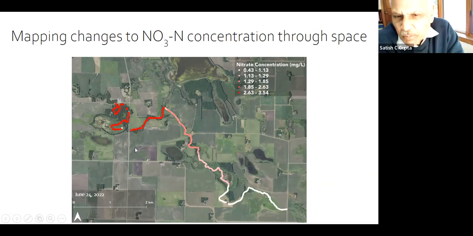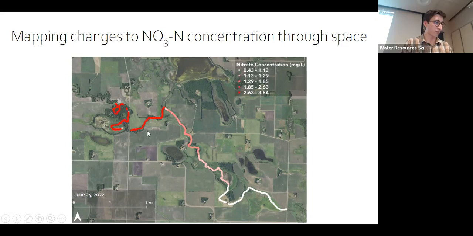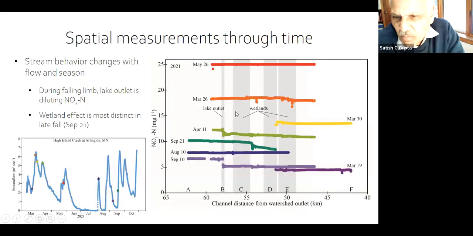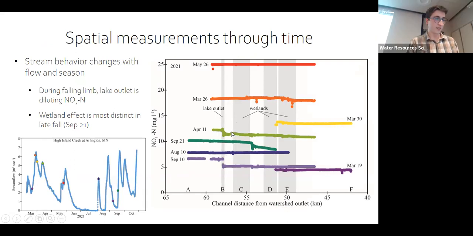Okay, so you see, yes, there is agricultural land all around here, but there's also these sort of wetlands, flow through wetlands. And so at certain times of the year, there's changes in these nitrate concentrations as we go through these wetlands.